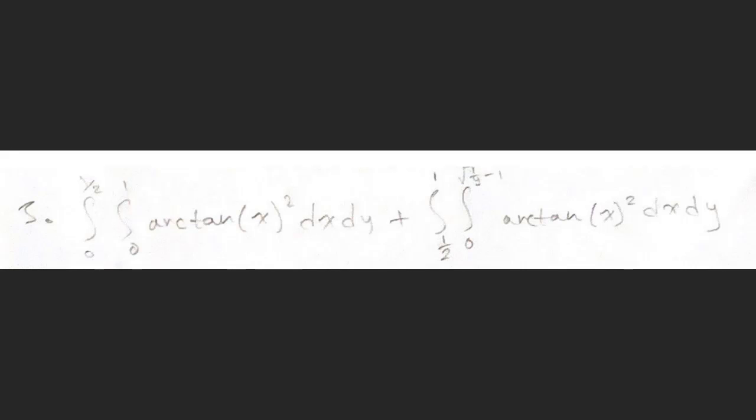And then the second integral, the bounds are from 1/2 to 1 with respect to y, and then x goes from 0 to the square root of 1 over y, I'm assuming, minus 1. That's so weird. That's not even a proper integral, right? No, it blows up. Oh, I have a better picture.